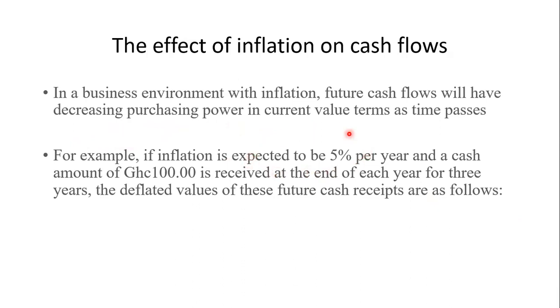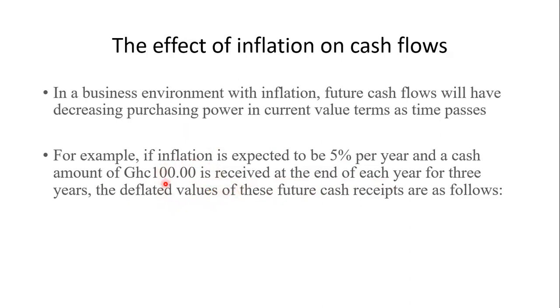Now, if inflation is expected, for instance, to be 5% per year, and a cash amount of 100 is received at the end of each year for 3 years, let's look at how the deflated values of these future cash flow receipts would look.